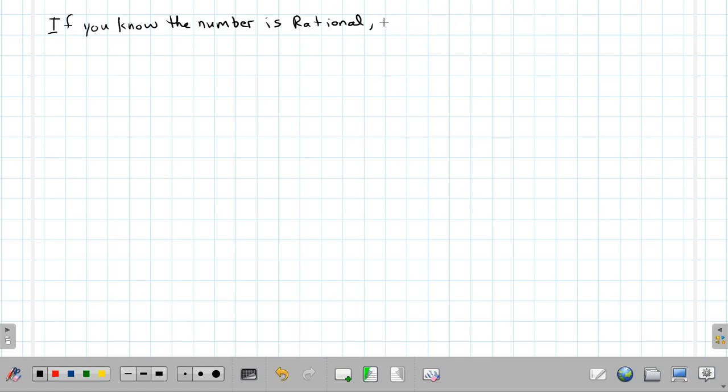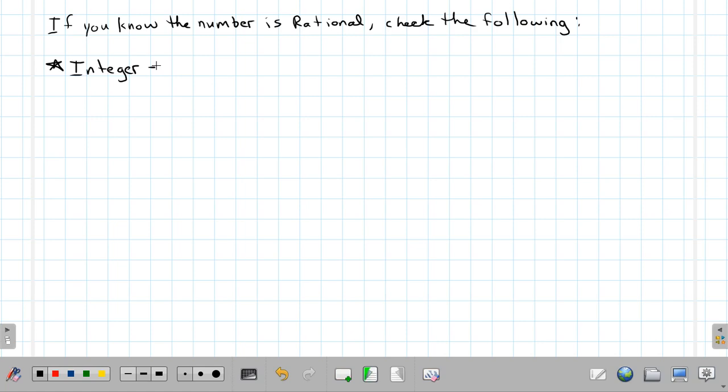So if you know the number is rational, check the following. What I mean by that is, first off, we first have to know the number's rational. But if the number's rational, we can then check and see, well, is it an integer?